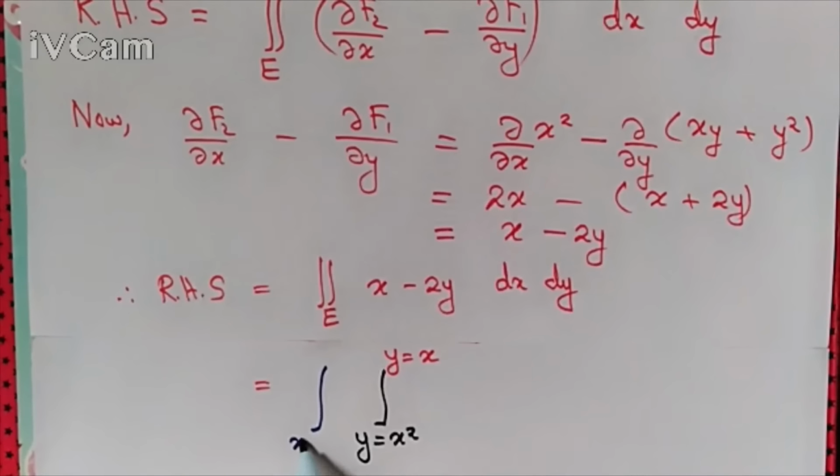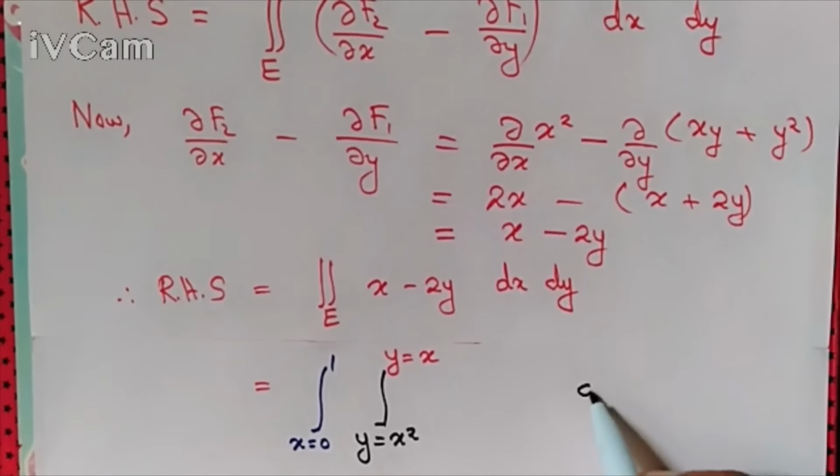That will give us the region E, and then we need to integrate the function x minus 2y, but we will integrate with respect to y first, and then at last with respect to x.